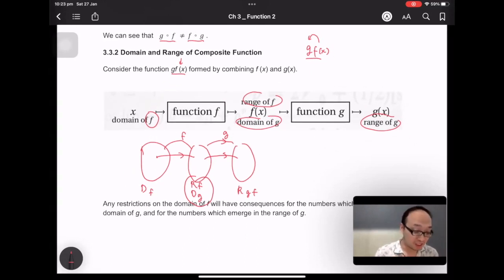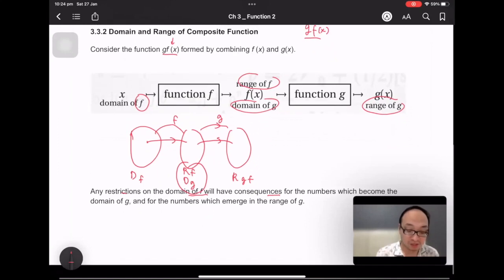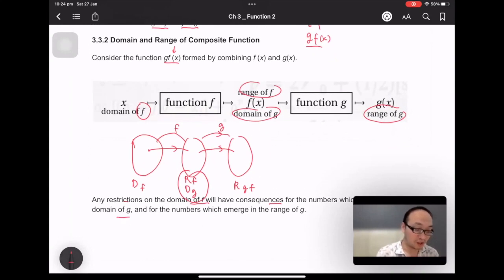Any restriction on the domain of F will have consequences for the numbers which become the domain of G and for the numbers that emerge in the range of G. Yeah, so this is for GF.